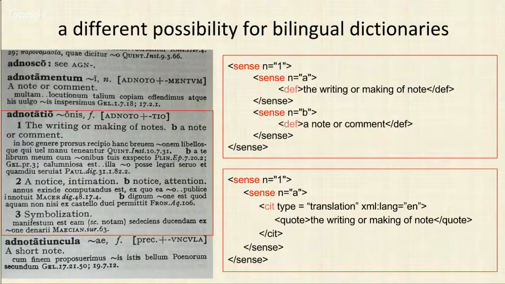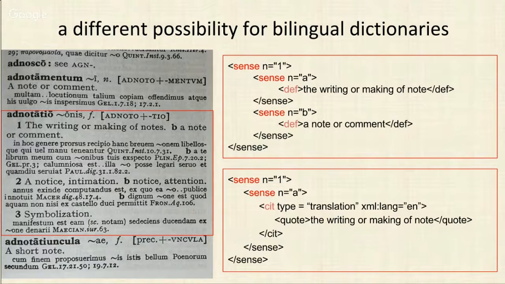You understand that this is not really correct, because writing or making notes is not really the translation of adnotatio. It is an explanation of what adnotatio may mean, and here we have two different translations. One, writing notes, the other one, making notes.